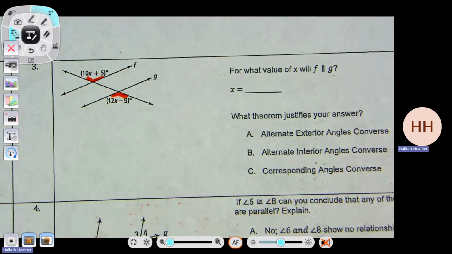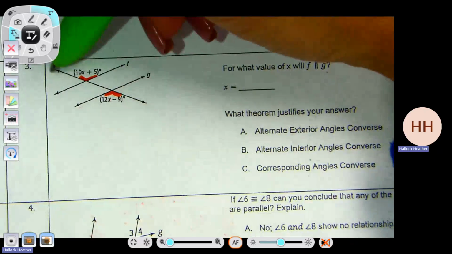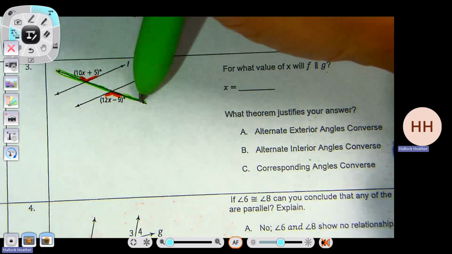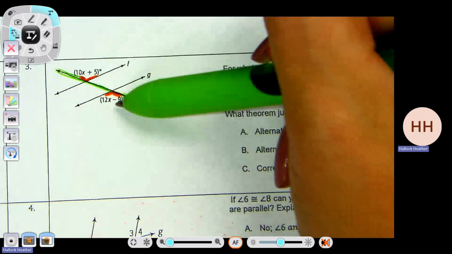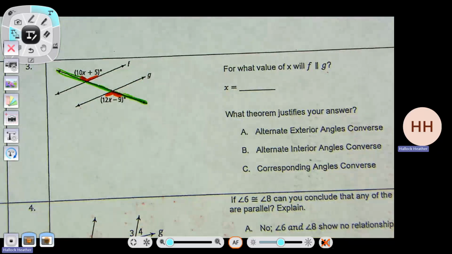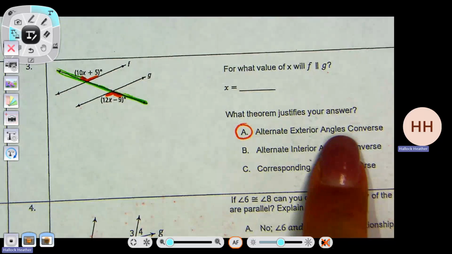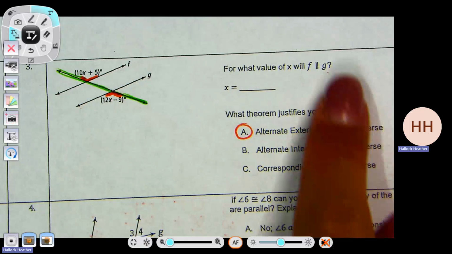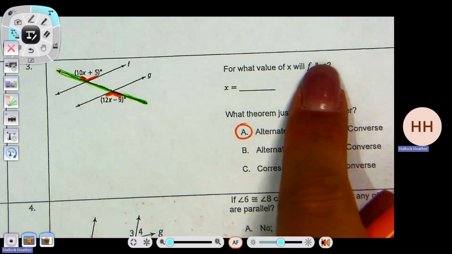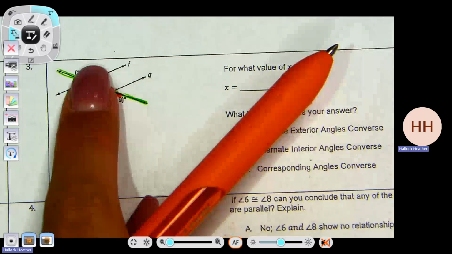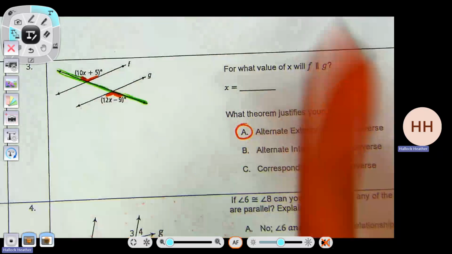They're outside of the parallel lines, and this is your transversal. They jump across the transversal. So because they jump across, they are alternate exterior because they're outside angles, converse. The reason why it's converse is because we're proving them to be parallel. So we're going to set them equal to each other because they're both obtuse. Alternate exterior angles are congruent.